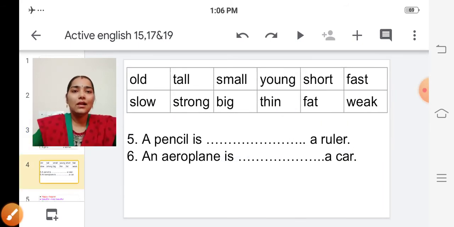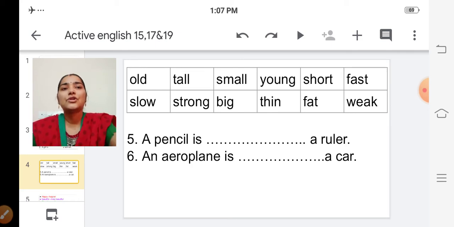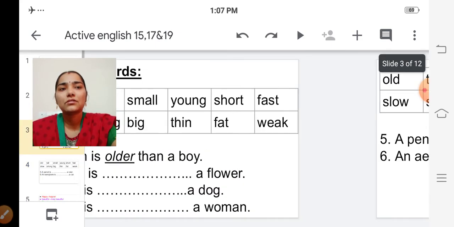A pencil is dash a ruler. So compare pencil and ruler. Which word should come here? A pencil is short.